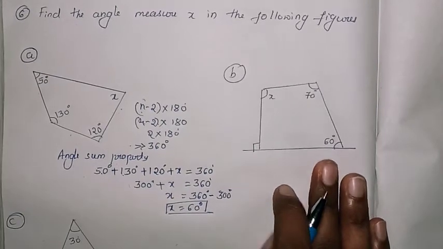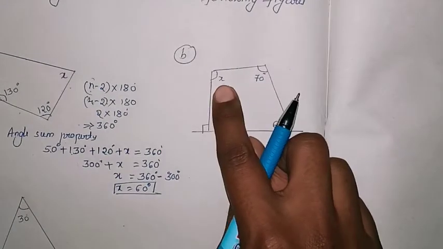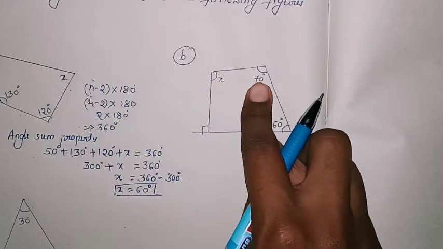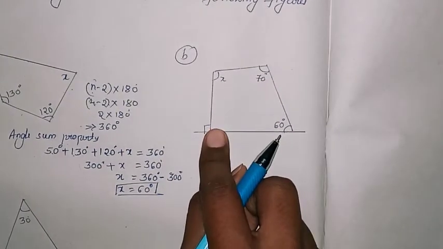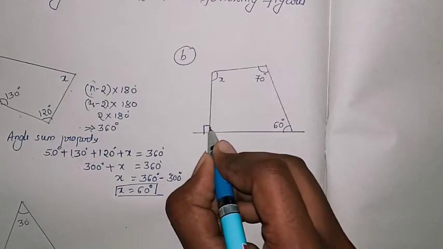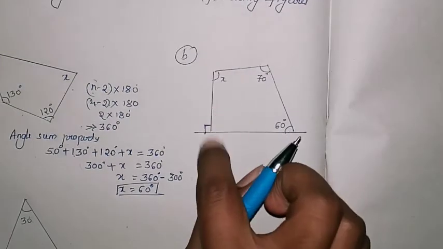Then the second one. As you can observe in the second diagram, observe the angles. First one is x plus 70 degrees, and another one is 60 degrees, and here they have not given the angle, but you can observe that it is perpendicular, and they have given a 90 degree angle. This mark shows a 90 degree angle, that is the right angle.